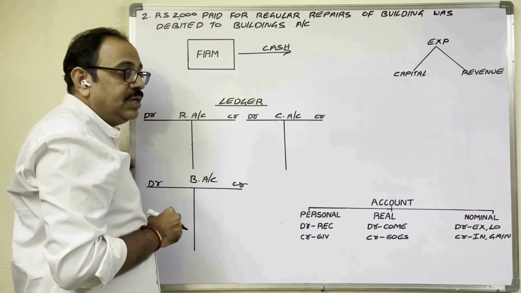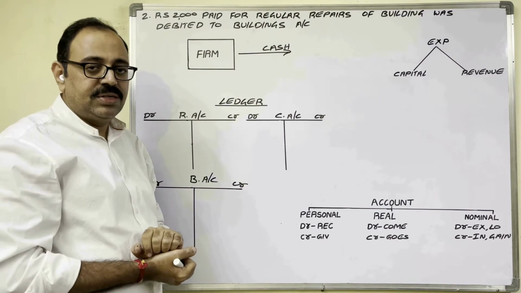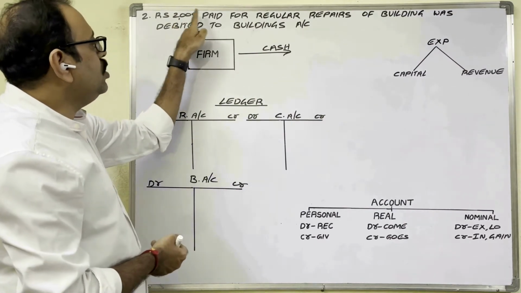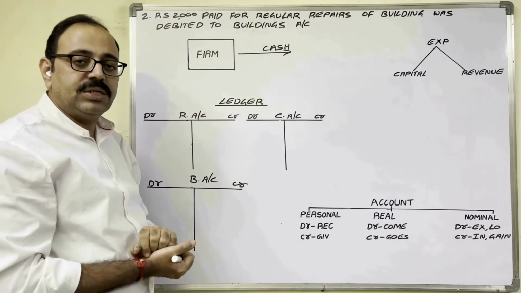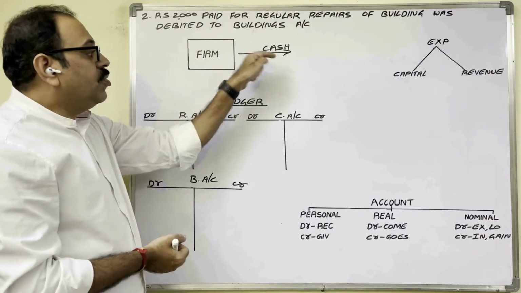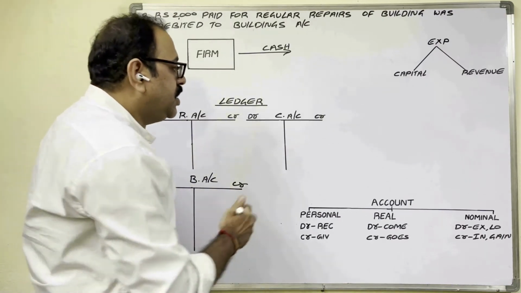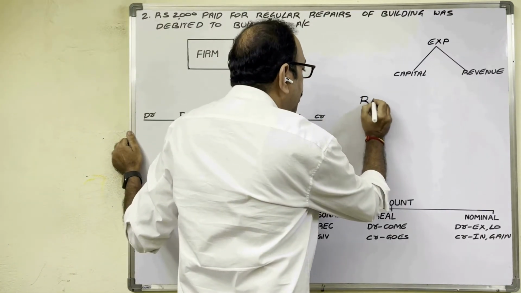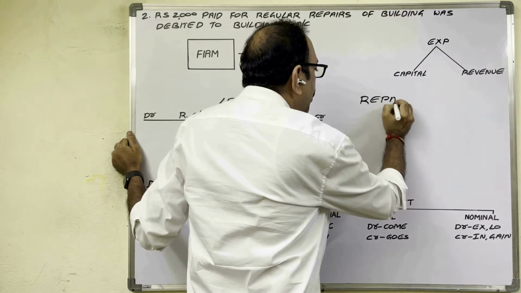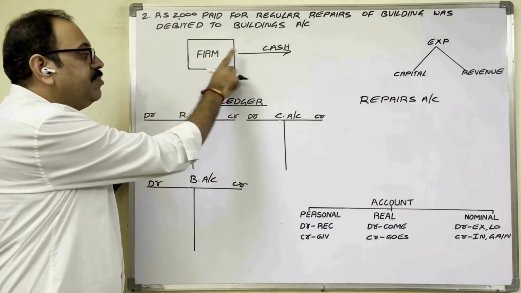The first step is to see the transaction and think of the correct entry for that. Transaction is 2000 paid for repairs. So we should think of the correct entry for this. Two accounts we have. One is the expenditure name. Expenditure name is repair. Therefore, repair account is one account. Next, from the firm cash is going.